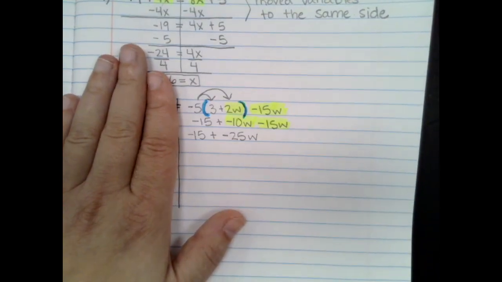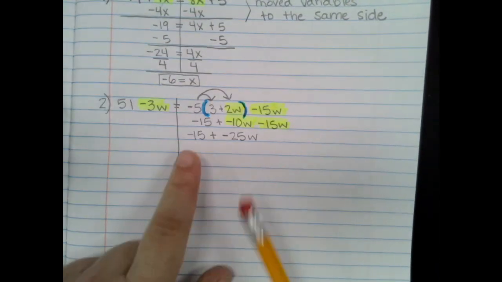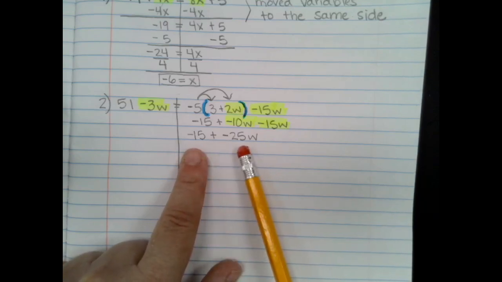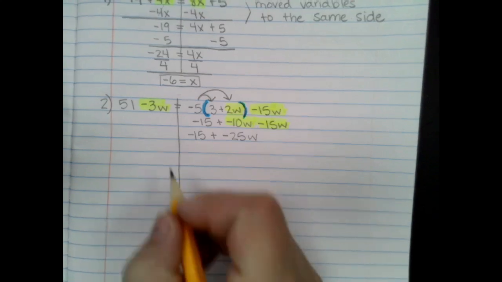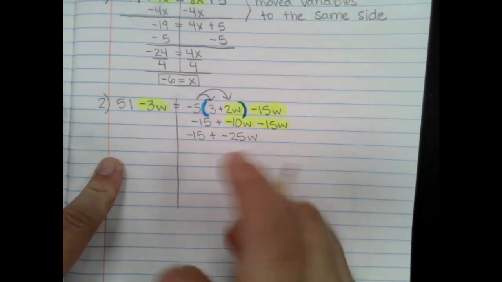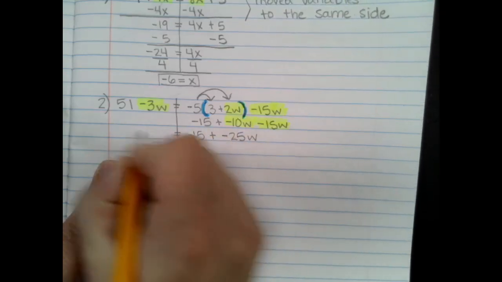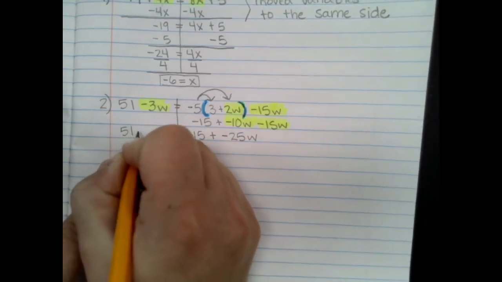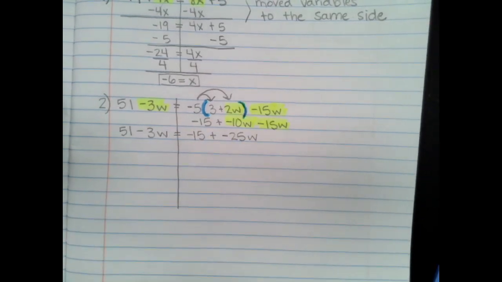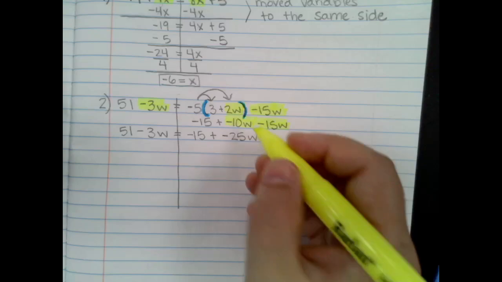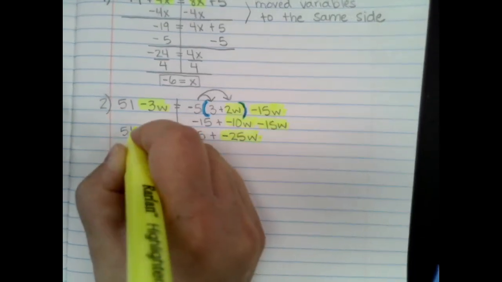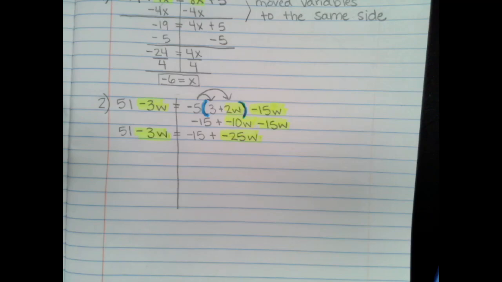All right, is that simplified? Is there anything else I can do with a negative 15 and a negative 25w? Right, now we'd have to start solving. So I'm going to rewrite my equation at this point, 51 minus 3w. And now I still see that we have a 25w on one side and a 3w on the other side. So we need to get those w's to the same side.